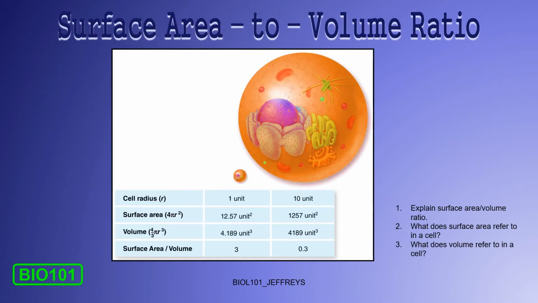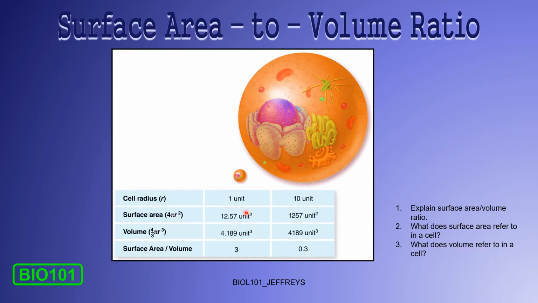So here in this illustration we see a cell with a radius of 1 unit, whatever the unit is, a micrometer, an inch, it doesn't matter. You pick the unit, but it has a radius of 1. And we're going to compare that to a cell that has a radius of 10. This cell is 10 times larger than that one.